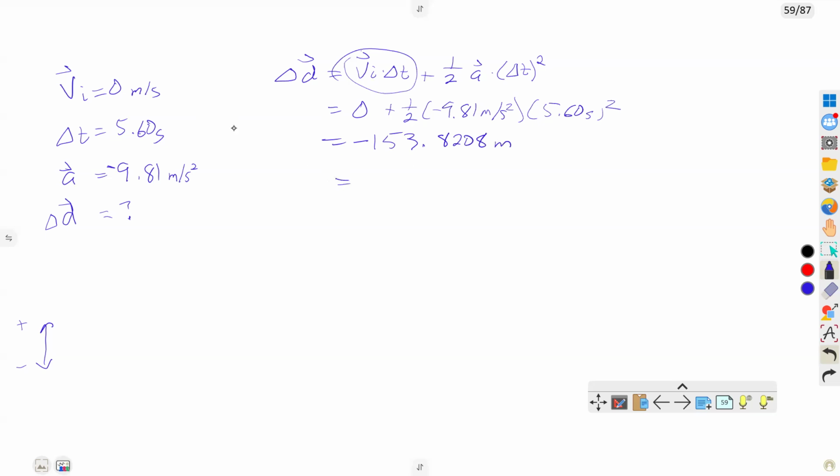Now, sig digs: the initial 0.00 is at 0, the time 5.60 has 3 sig digs, and 9.81 gives us 3 sig digs. So our final answer is negative 154 meters.